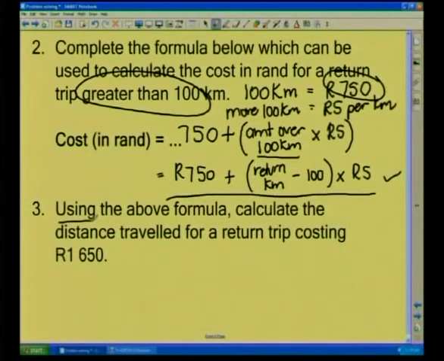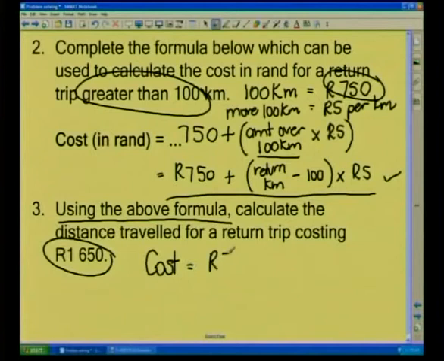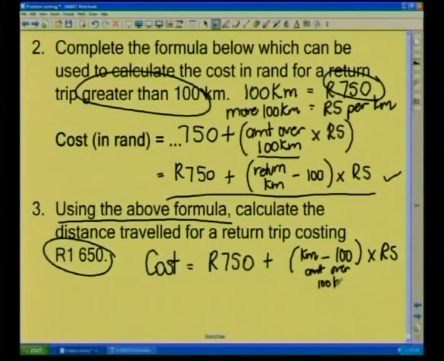Now it says, using the above formula, calculate the distance travelled for a return trip costing 1,650 Rand. So we know that cost is equal to 750 plus the return kilometers, so I'm just writing kilometers, minus 100 times by 5 Rand, or the amount over 100 kilometers.